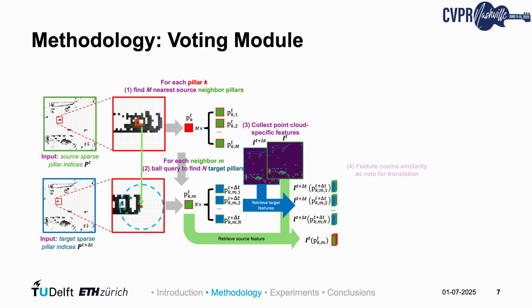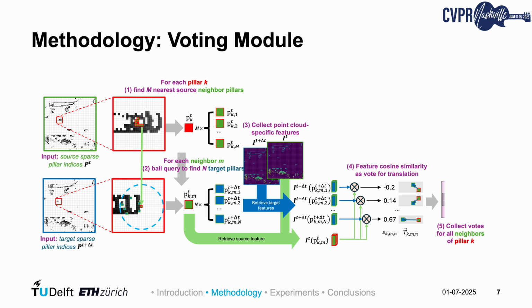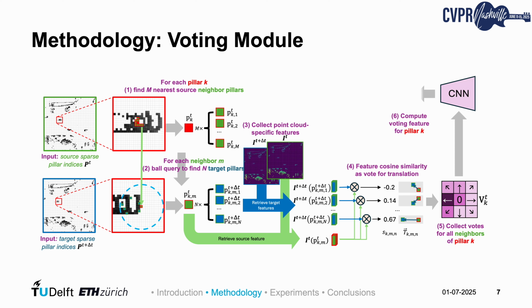For each source-target pillar pair, compute the translation vector and measure feature similarity to obtain a voting score. 5. Cast each voting score into a discretized voting space bin corresponding to its translation. 6. Pass the voting space into a CNN module to produce a compact voting feature for that pillar. 7. Gather voting features for all non-empty pillars. This process summarizes all votes into continuous feature vectors, which the decoder then uses to enforce motion rigidity.